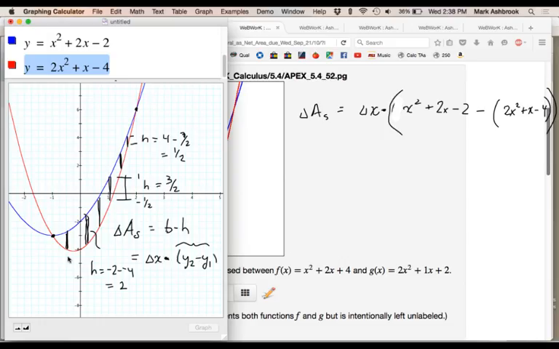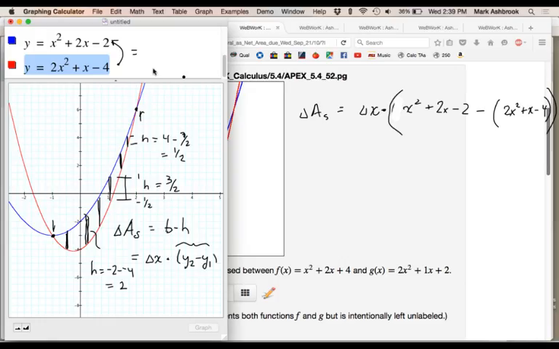Then we have to integrate that from this x value to this x value, which we find by setting the y's equal and solving. You end up with a quadratic, and you get two roots, which give the x values of the endpoints of the region.